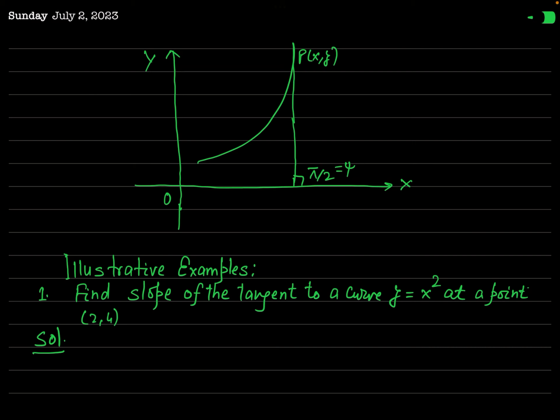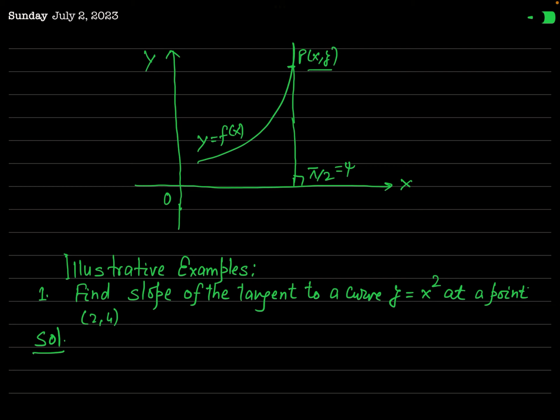Now let us consider another curve. See this figure. I have considered another curve, let us say y equal to f(x). Okay, and we select a point P whose coordinates are x and y.